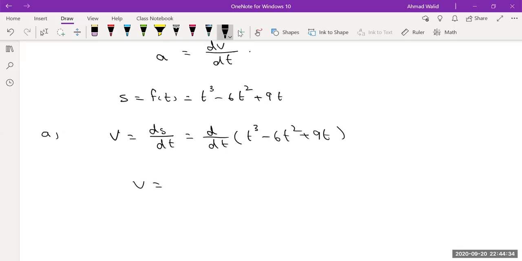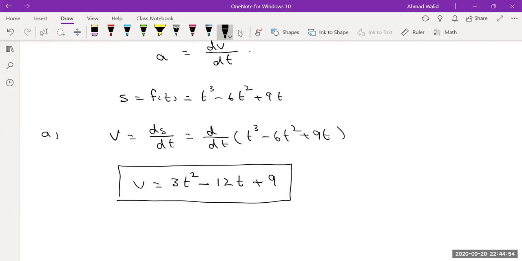Then v equals the derivative of t cubed, which gives you 3t squared, minus the derivative of 6t squared, which gives you 12t, plus the derivative of 9t, which gives you 9. Here you go. You found the velocity function at a time t. Correct?